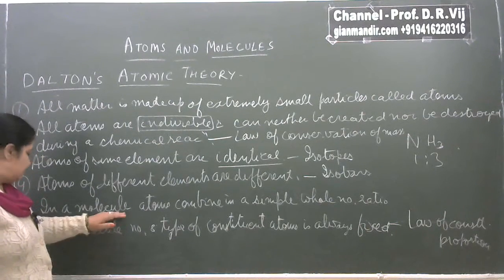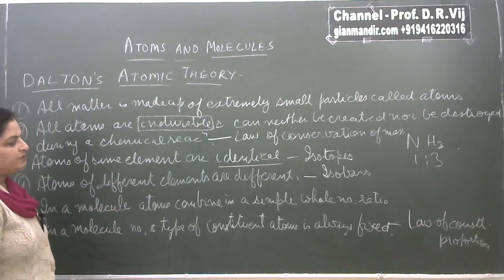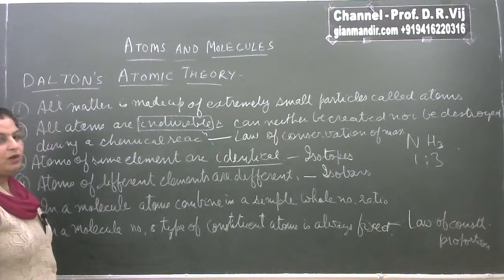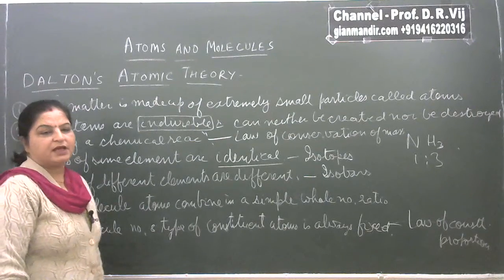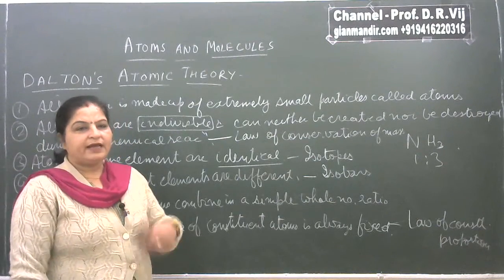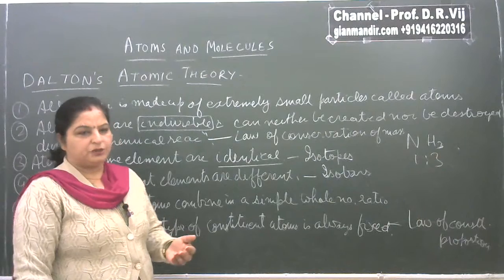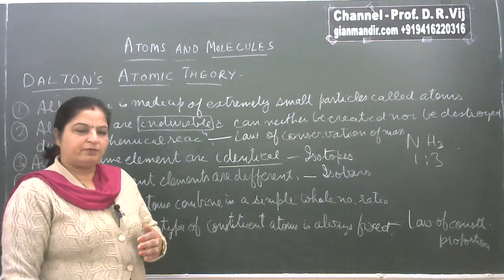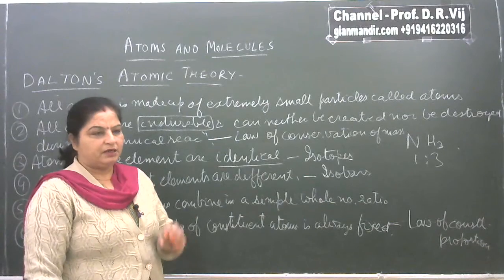And look at the fifth postulate, according to which in a molecule, atoms combine in a simple whole number ratio. Here, you will observe that atoms combine in whole number ratio, but that whole number ratio is not always a simple ratio, right? That is whole number, of course, and whole number shows that atoms are indivisible.